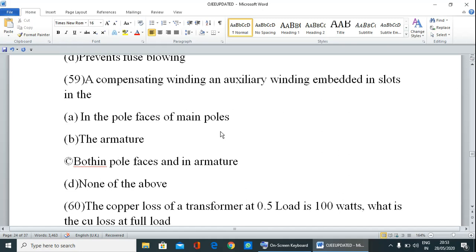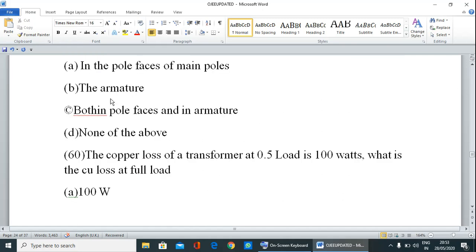Generally, the compensating winding is used in the pole faces of the main pole to reduce the armature reaction, that is the distortion effect of the armature reaction, and it is generally connected in series with the armature winding. So correct answer is A.